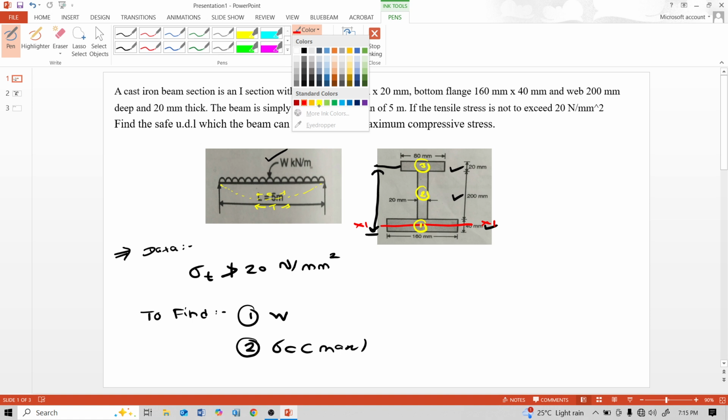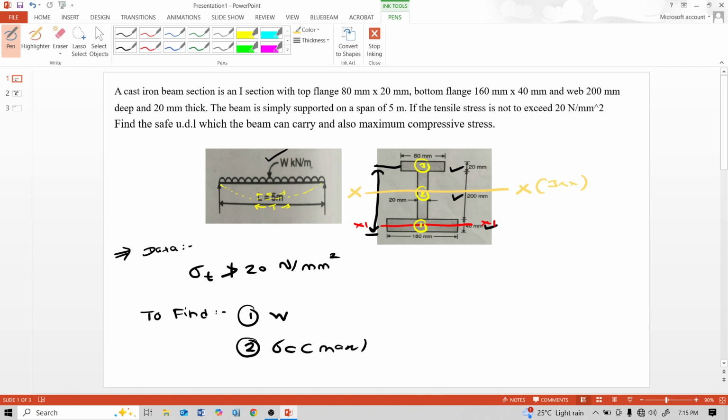And for that I section, the neutral axis is this, and this is xx. We have to calculate this moment of inertia Ixx. For that, first calculate the bottom flange moment of inertia about the x1 axis.